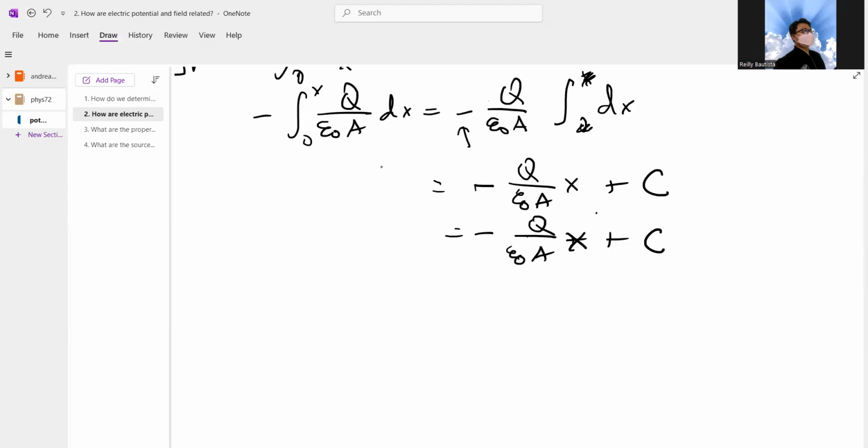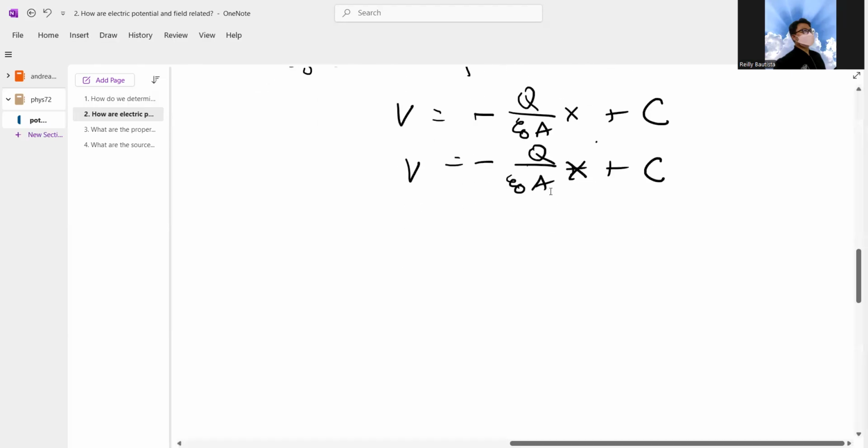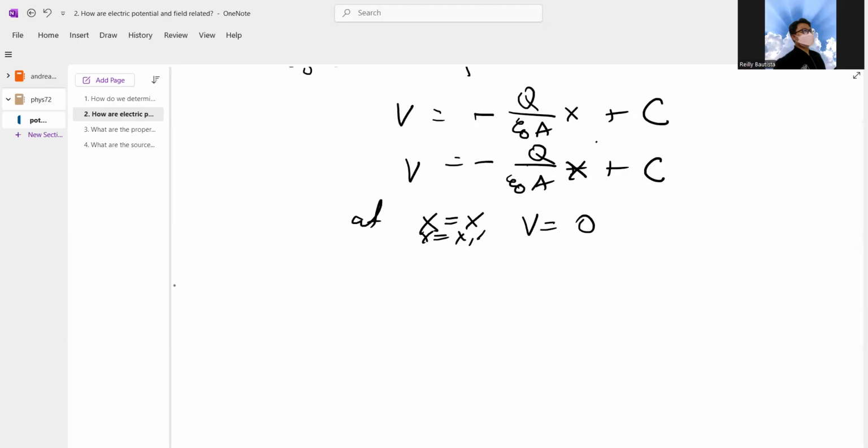Since we're having the delta here, let's make it V again. So at x equals x, V equals 0, where the negative charge is located.